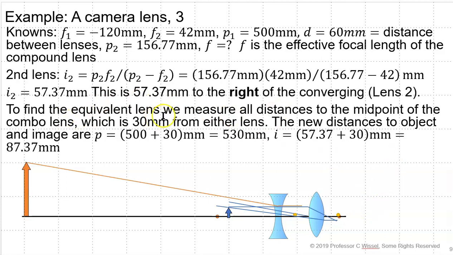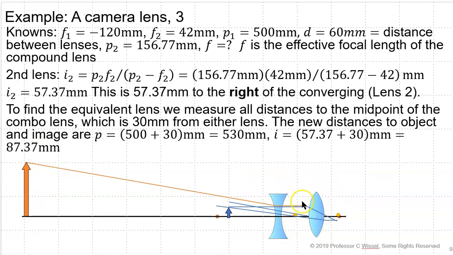To find the equivalent lens, we need to measure all distances to the midpoint of the combo lens, which is right here, right where the cursor is. And that happens to be 30 millimeters from either lens. So it's right between the two lenses. The new distances to the object are 500 plus 30 millimeters, because we're talking about the original thing here. So what we're doing is effectively replacing this with a single lens.